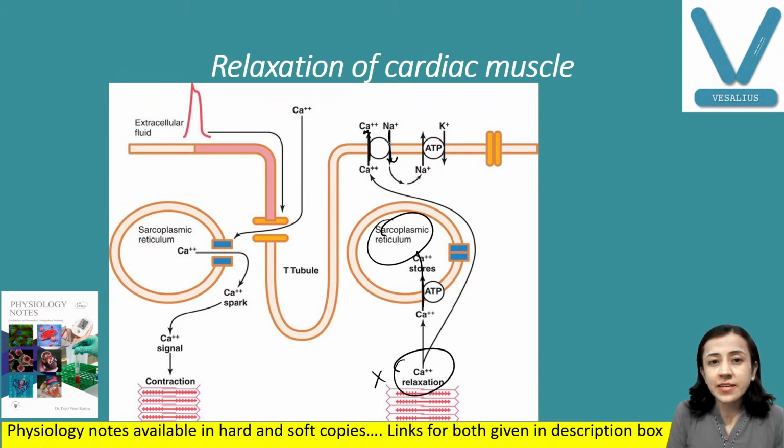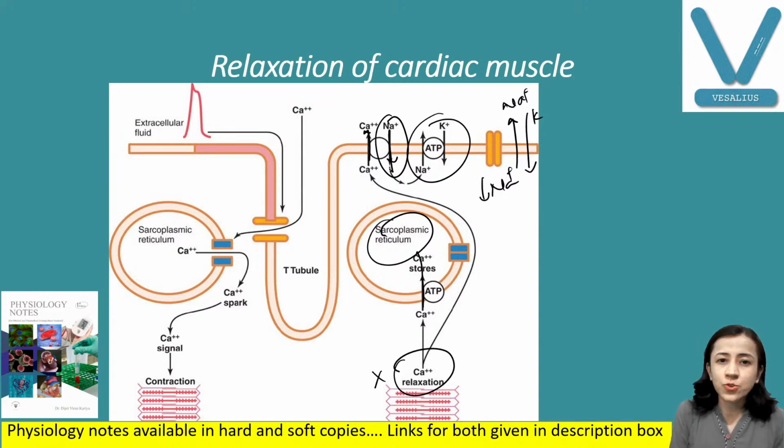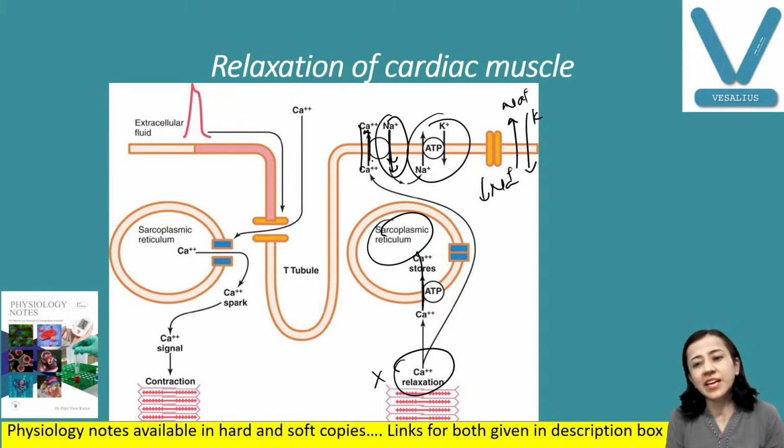And for that, how is the gradient produced? By the sodium potassium pump. When the sodium potassium pump is active, 3 sodium ions are pumped outside, 2 potassium ions are pumped inside. So inside sodium concentration decreases, so the gradient is created. So sodium enters and calcium moves out. So this is secondary active transport.